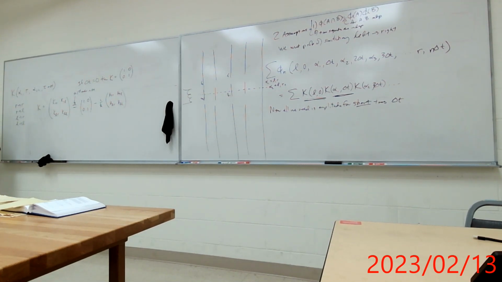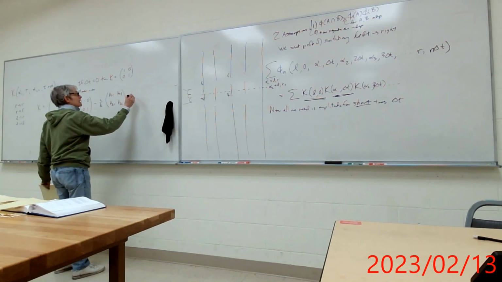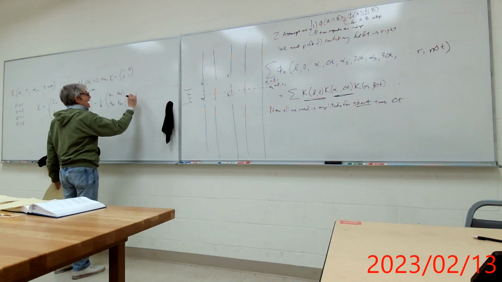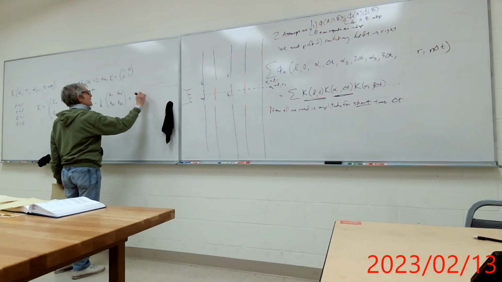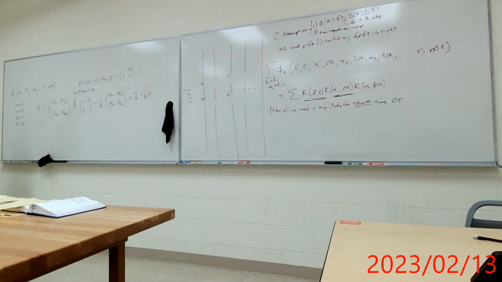And I'm not telling you why I'm calling it H, but you could probably figure it out. In other words, I'm writing this to first order in delta t as I minus i over h bar H, where I and H are matrices.